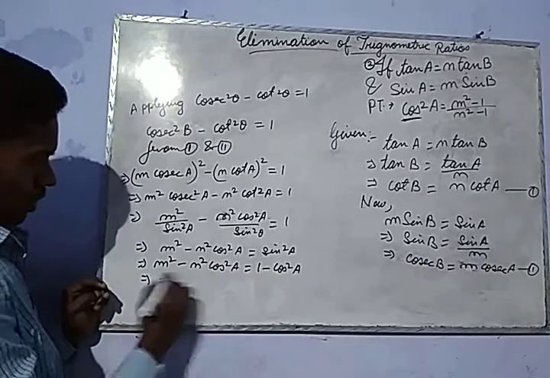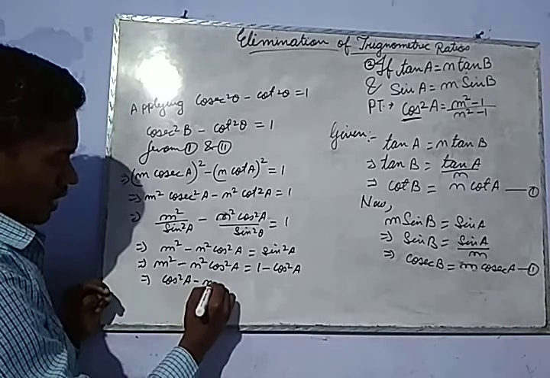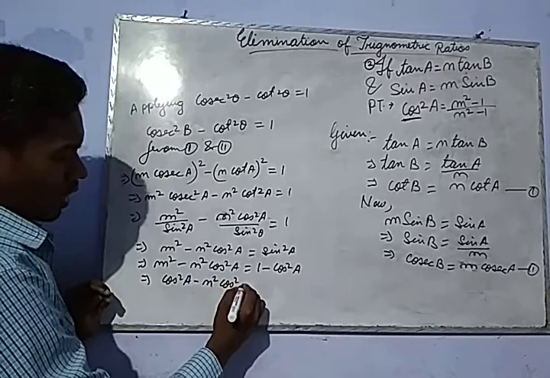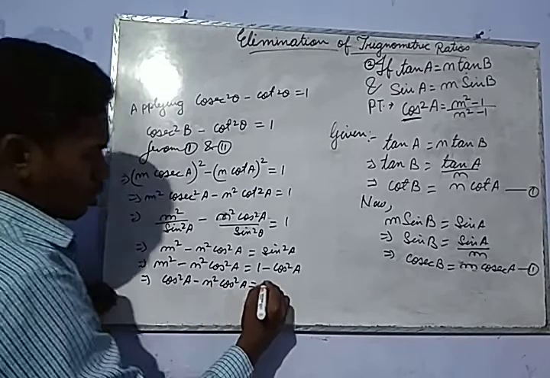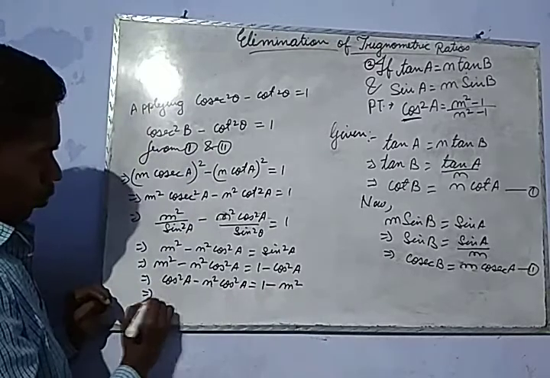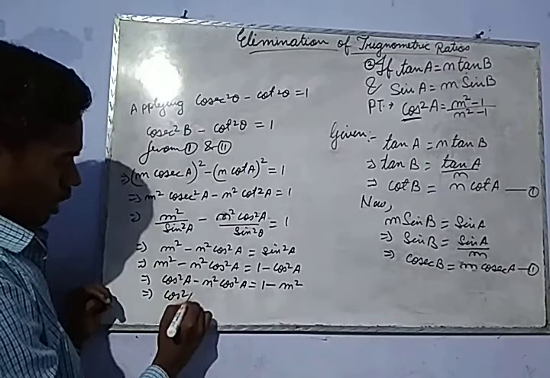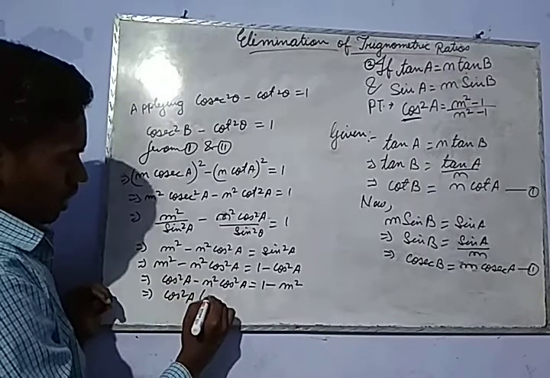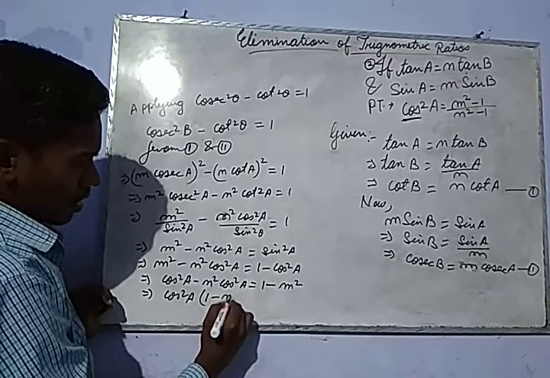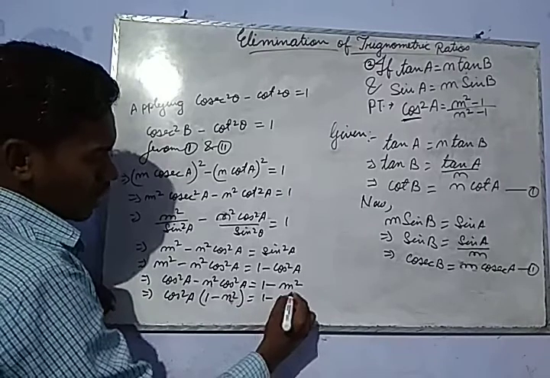So we get cos square A minus n square cos square A equals 1 minus m square. We take cos square A common here. We get cos square A bracket 1 minus n square, which equals 1 minus m square.